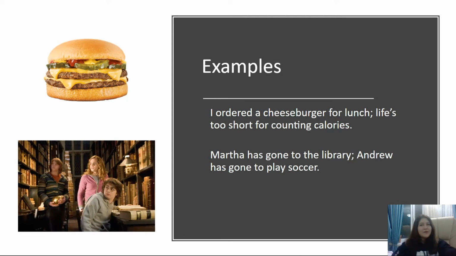So let me tell you one life hack about the usage of the semicolon on the SAT. On the SAT exam, semicolon and period have equal meaning, so they have equal function. What does it mean?